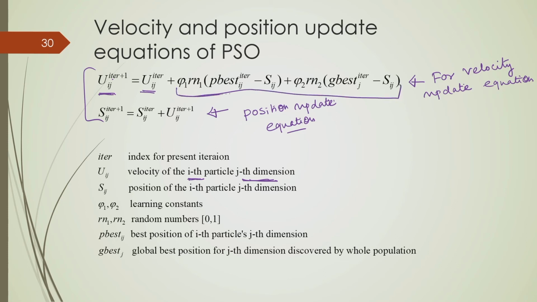One term is basically to update with its own previous best value, which is represented by p best. P best is the best position of that same particle, same dimension previously, and g best is basically representing the global best or the leader based information.